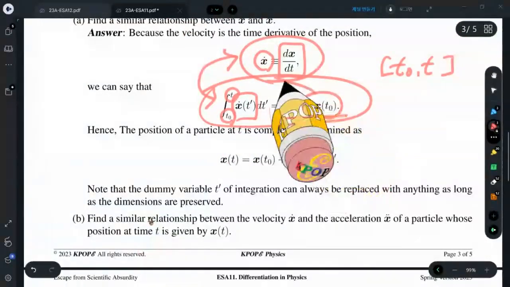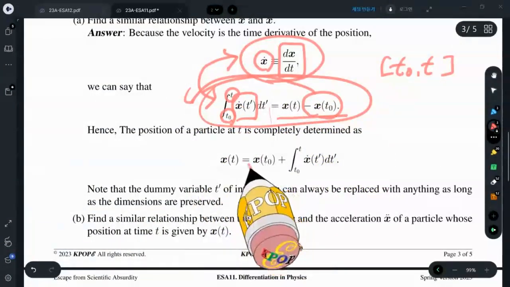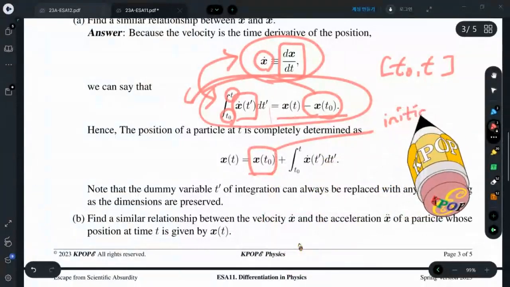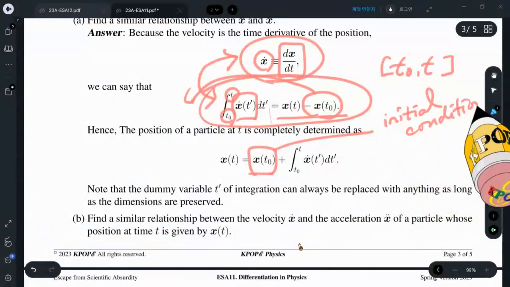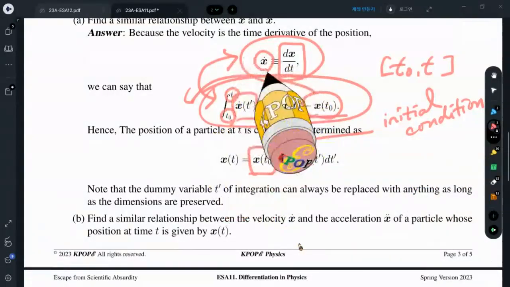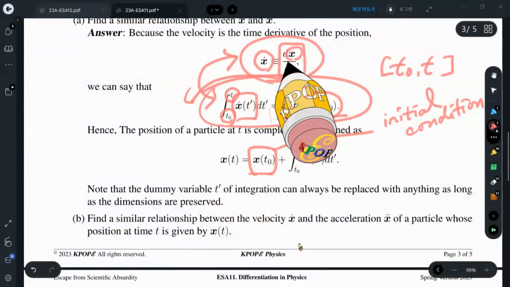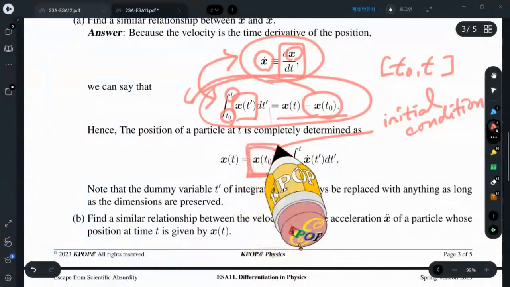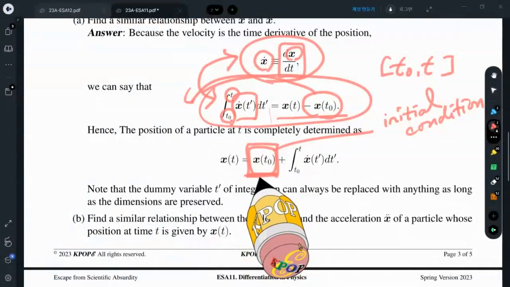So why don't we move this one to the left and exchange the left and right? Then if you know the initial position, it is called initial condition, for example. This is a first order derivative. If you compute this x, then you have a single free variable that is a vector.